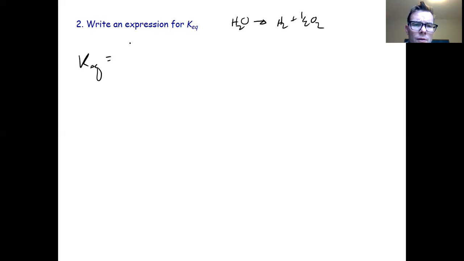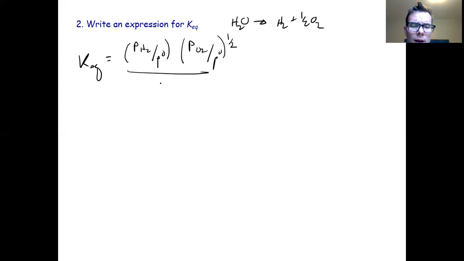It's equal to the partial pressure of H2 over P standard times the partial pressure of O2 over P standard raised to the 1/2, divided by the partial pressure of H2O over P standard. Again, these are written in terms of the partial pressures of the species.